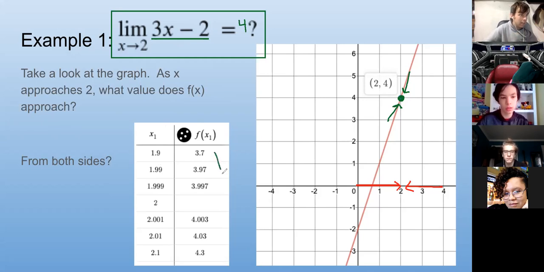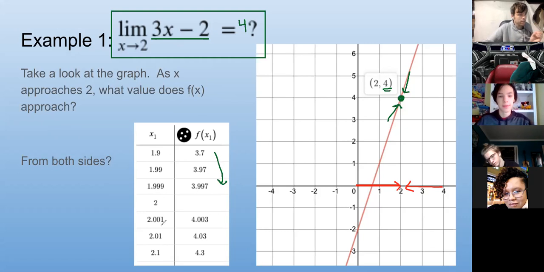And you can see how these numbers right here, the outputs, they're converging on what we know the limit to be. These numbers, as we get closer and closer to 2, are also getting closer and closer to our limit, which is 4. And that's happening on the left side, right? 1.9 would be on the left side of this. And we're just getting closer and closer from the left.